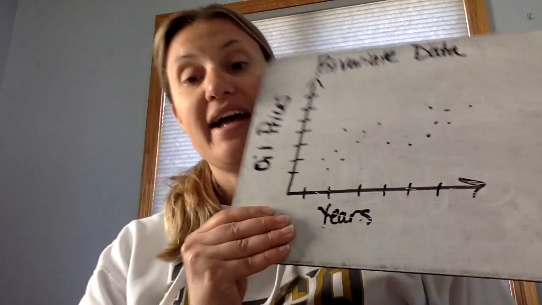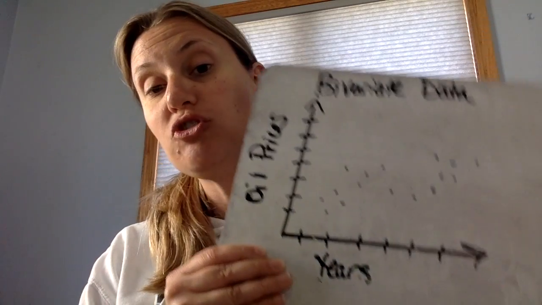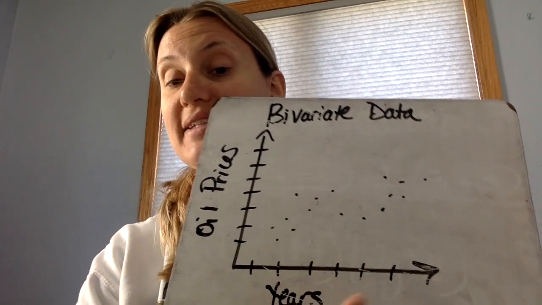Okay, then our scatter plots are going to have a label for your x-axis and your y-axis because what a scatter plot does is it is comparing two units. So when I go back to this one, I am looking at what happens to oil prices as the years go up.